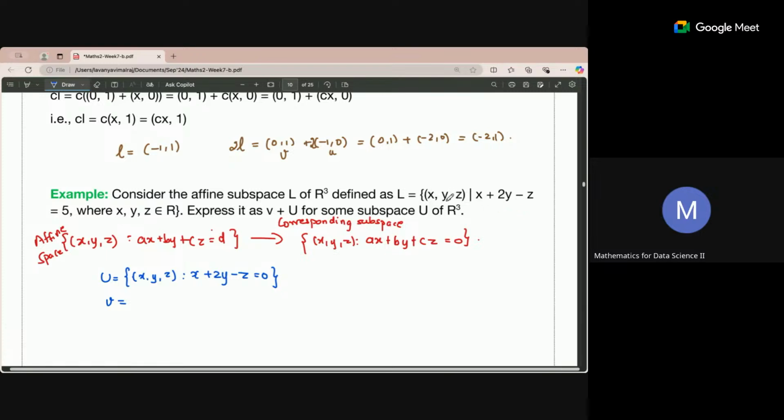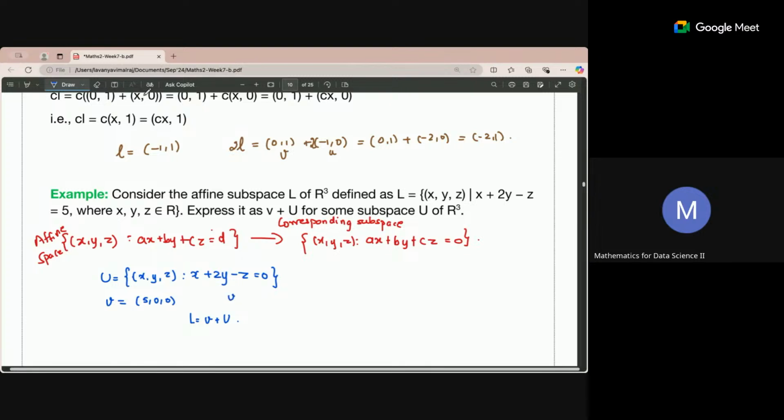You can choose any vector from L. So for example, what about (5, 0, 0)? So this entry belongs to L, right? Because 5 plus 0 is 5. So you know that you can write L as V plus U. So this V is not unique. Everyone can choose V in a different way. V is just some element.